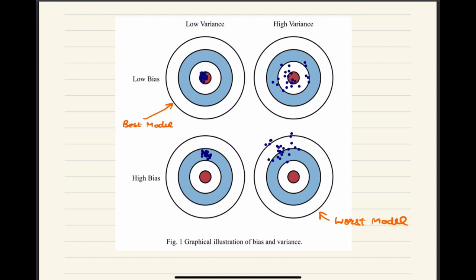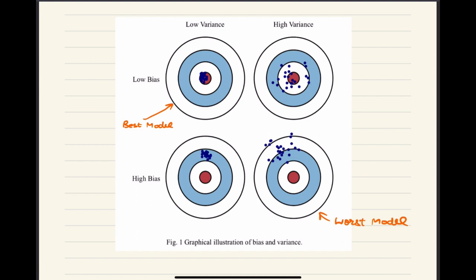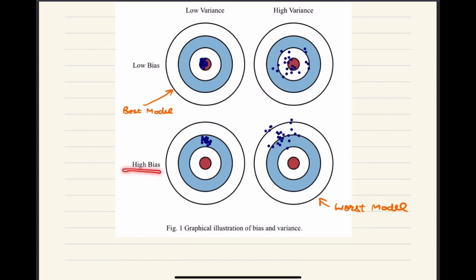Further, these two figures represent models that are not best and not worst, but somewhere in between. This particular model has high bias and low variance, and this particular model has low bias and high variance. When we have high bias and high variance, our points will be further apart from our best model represented by the center of the bullseye. So this represents the worst model and this one represents the best model.